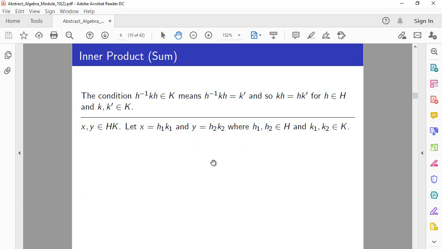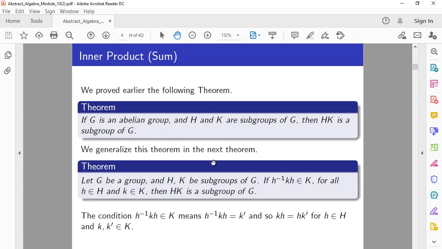Once again, let me go back to the statement of the theorem. Notice that the first theorem here is what we proved before. In both theorems, we are looking at conditions for HK to be a subgroup of G. Here the condition that we required was that G is an abelian group, and here the condition we are requiring is this statement, that H inverse KH belongs to K for all H in H and K in K. And then we saw that the meaning of this condition is also this.